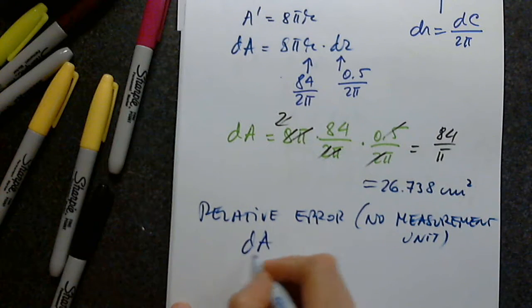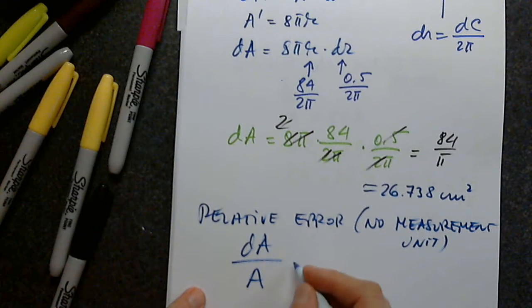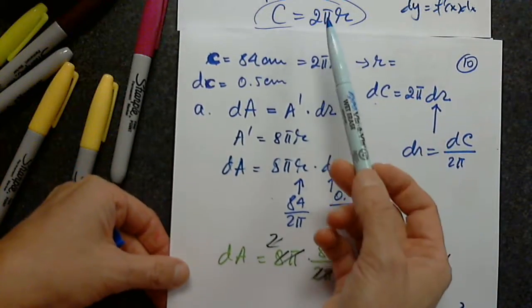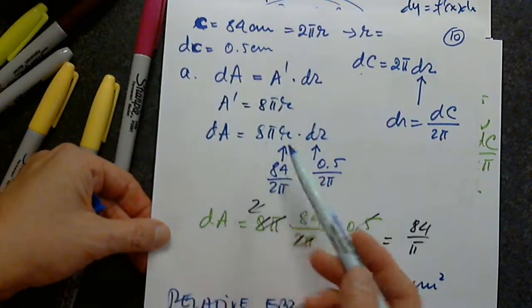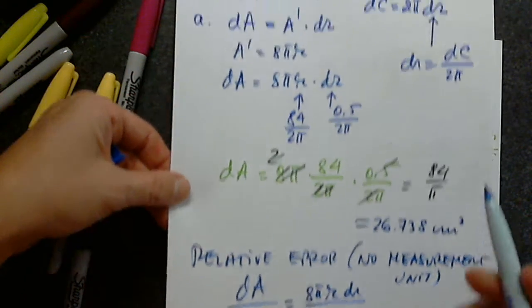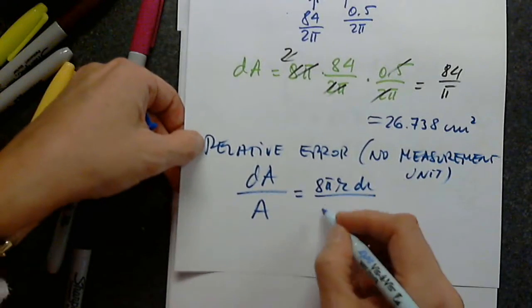So this is dA over A. So let's see what is the easiest way to write this. dA is 8 pi r dr, and A is 4 pi r squared.